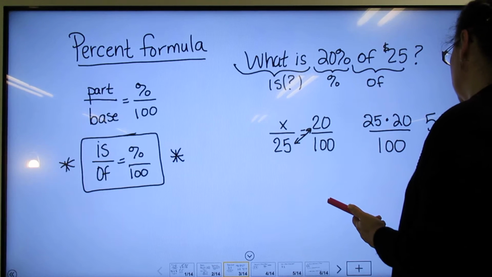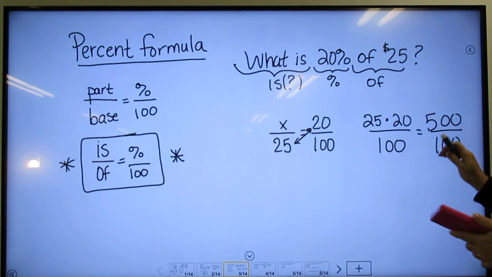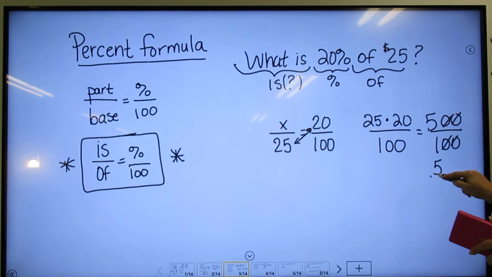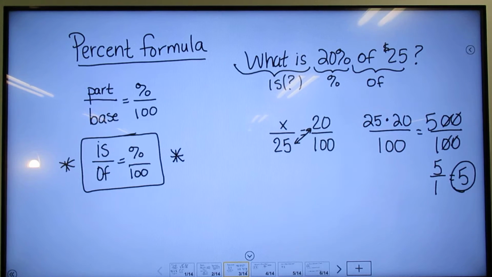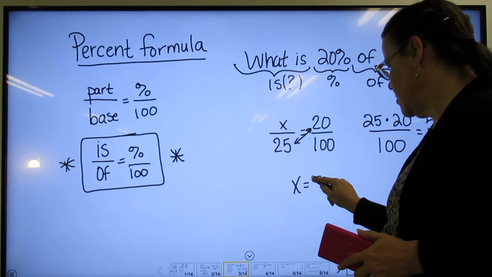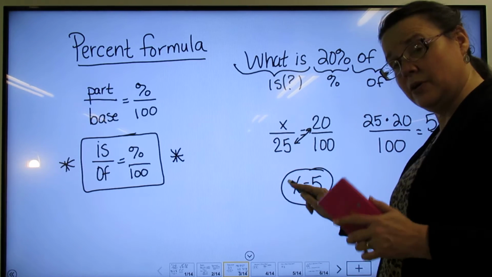Divide by 100. And in this case, powers of 10, you have zeros up to the top and zeros that cancel out one another. You don't really have to divide that. You just do 5 over 1 and you're going to get 5. So 5 is the answer there. That x equals 5.